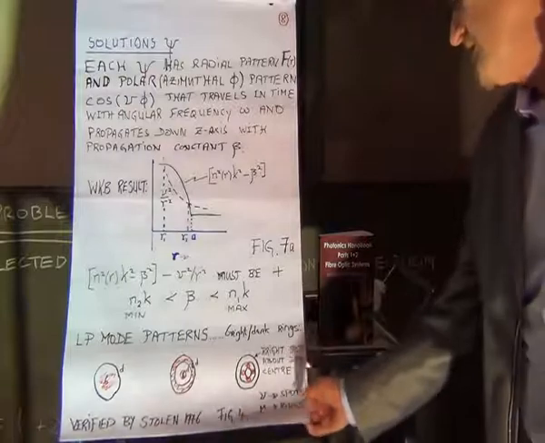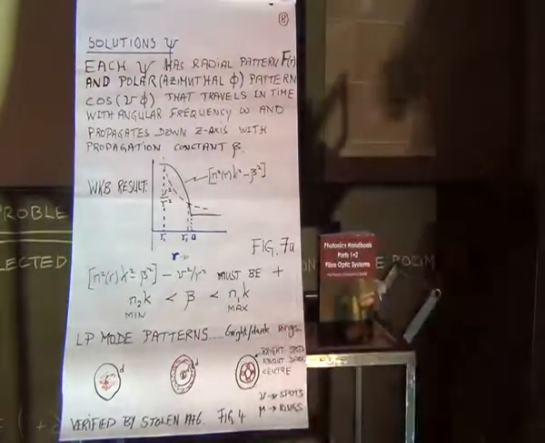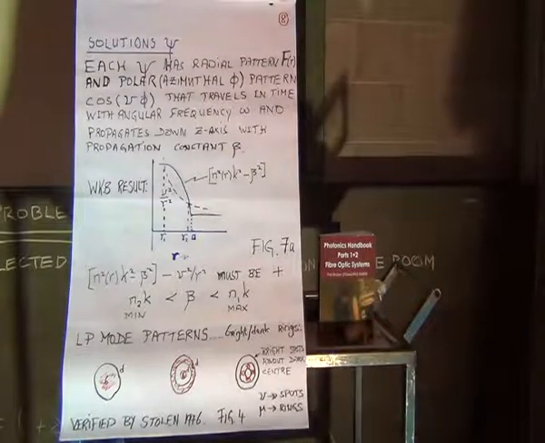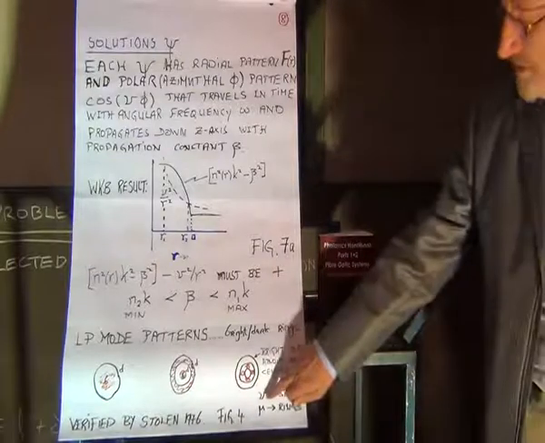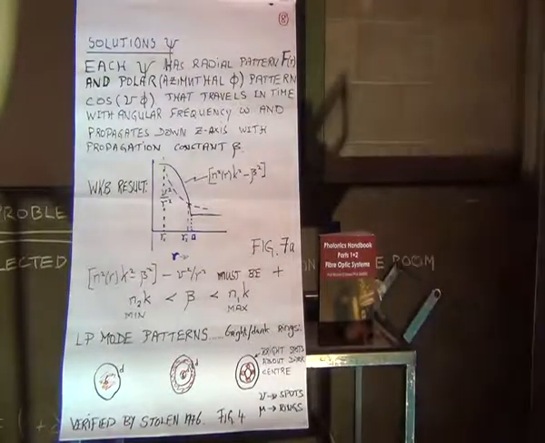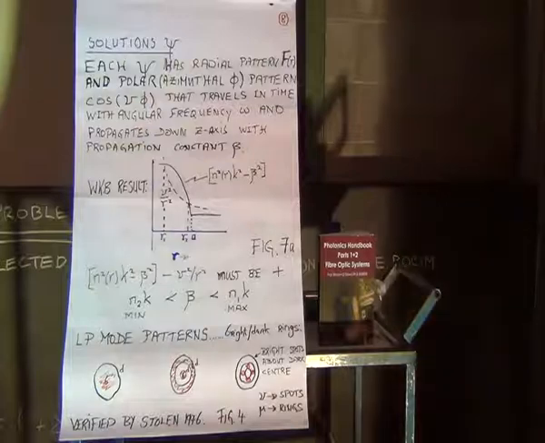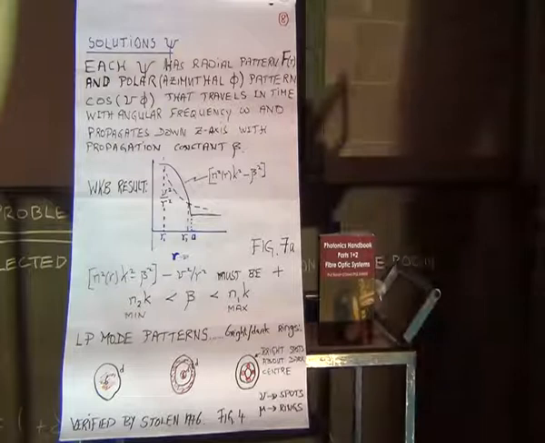What determines the number of rings is an integer which we give the symbol mu. That's the radial mode number. And what determines the number of spots is nu, the other integer. So between mu and nu, you have two integers which define every mode of the guide. And all of them have beta values ranging from N2K to N1K.